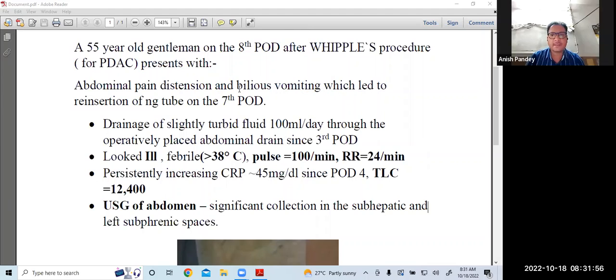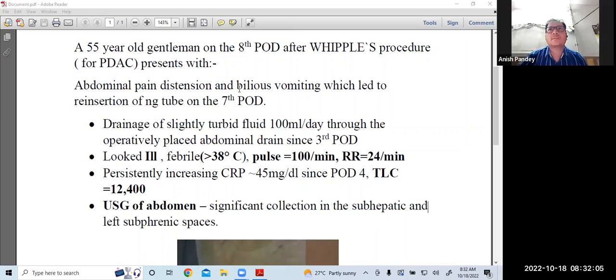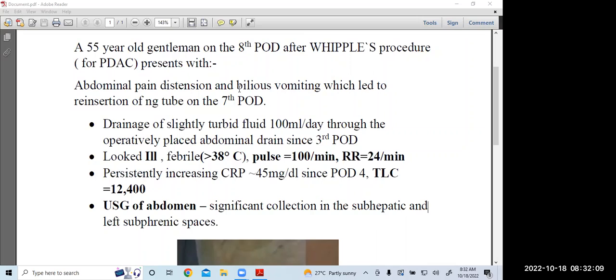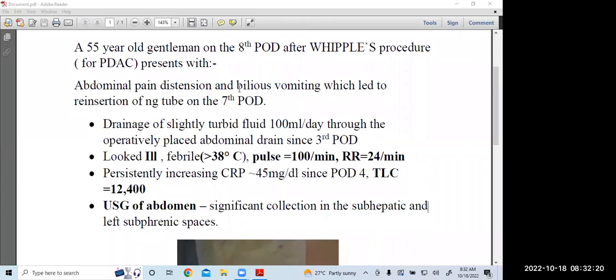Sir, in the context of what Professor Shah just now told you, in periampullary carcinoma the chances will be more. Yes. Why?